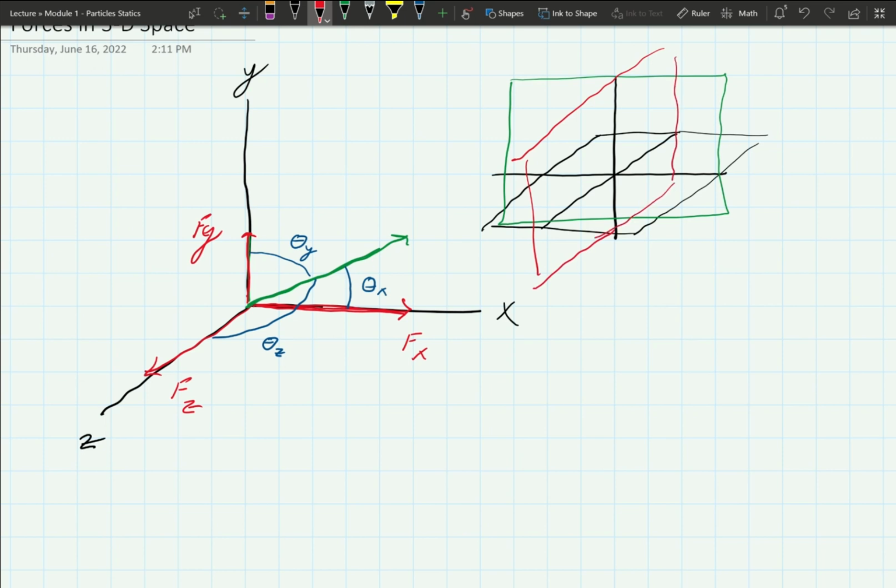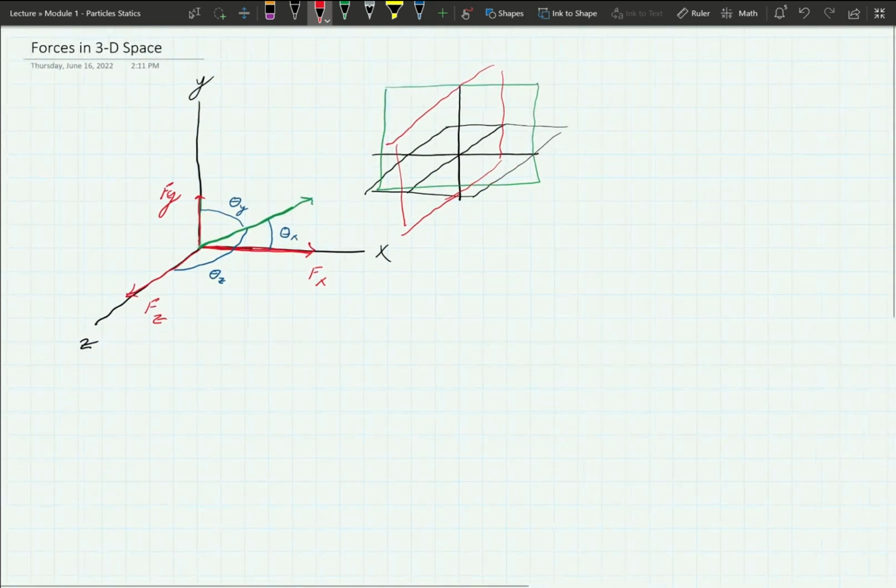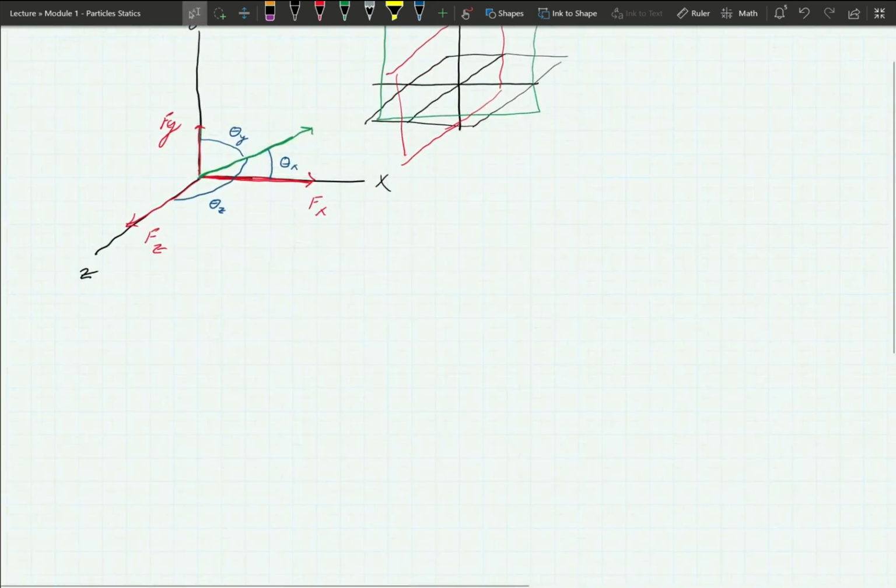We're working out here in this octant of space. Alright, let's go back.